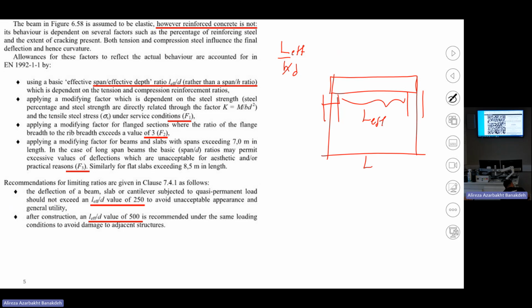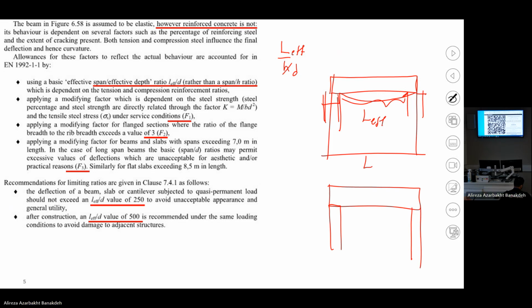So those parts sitting on the support really do not contribute to the deformation, because when it's like this, the deformation is really in this part. When it sits on two columns, for example, the deformation is here, not in the column, right?